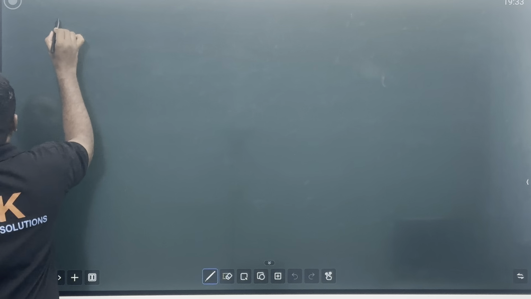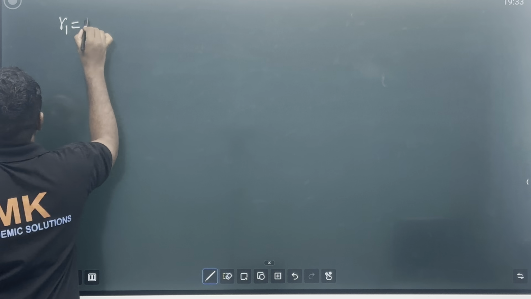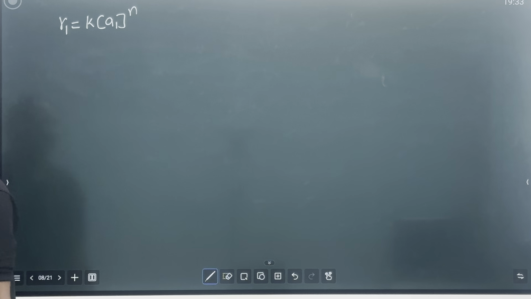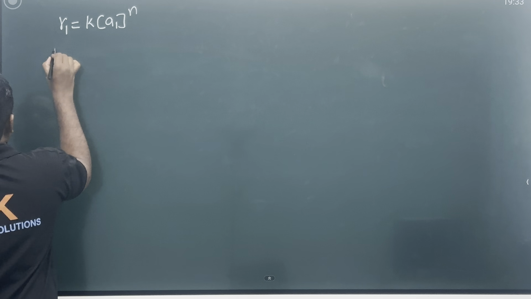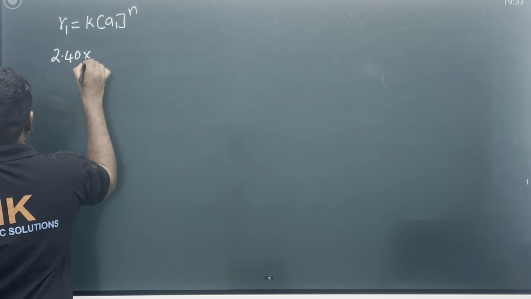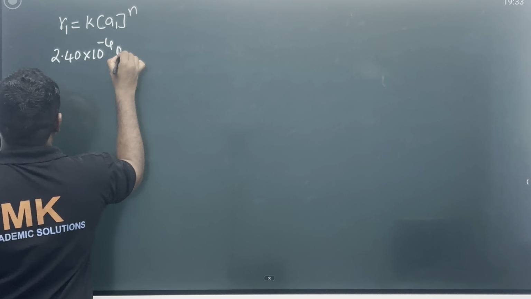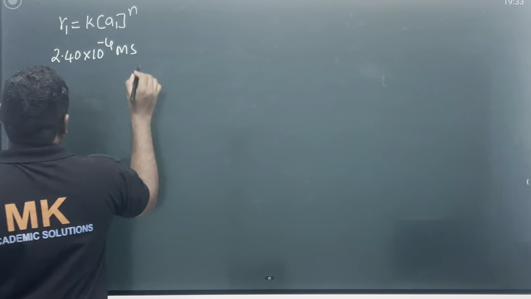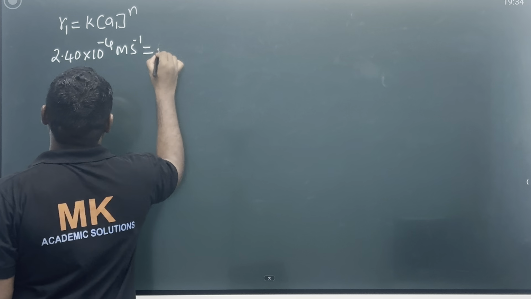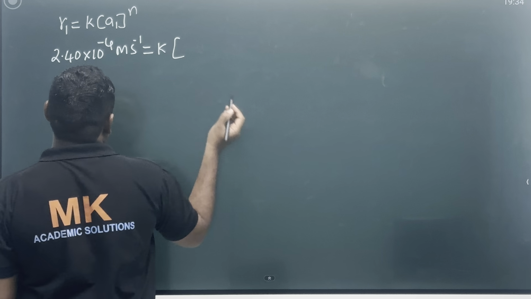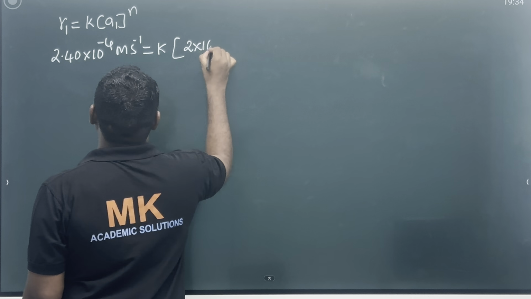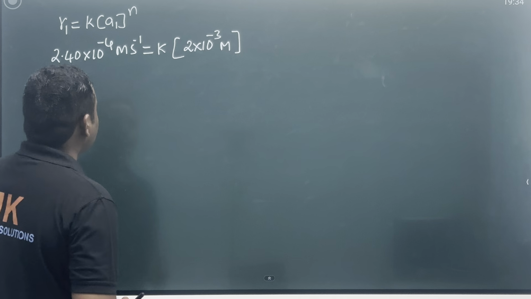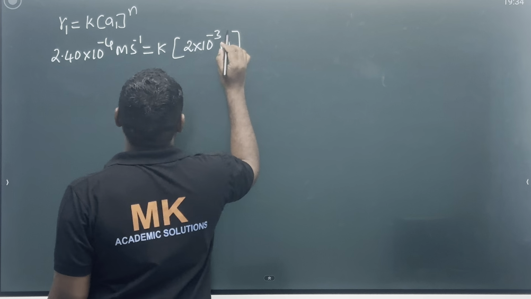So here R1 is equal to k into A1 power n. Now R1 is equal to 2.40 into 10 power minus 4 molars per second, and that is equal to k into, A1 they have given as 2 into 10 power minus 3 molar, whole power n.